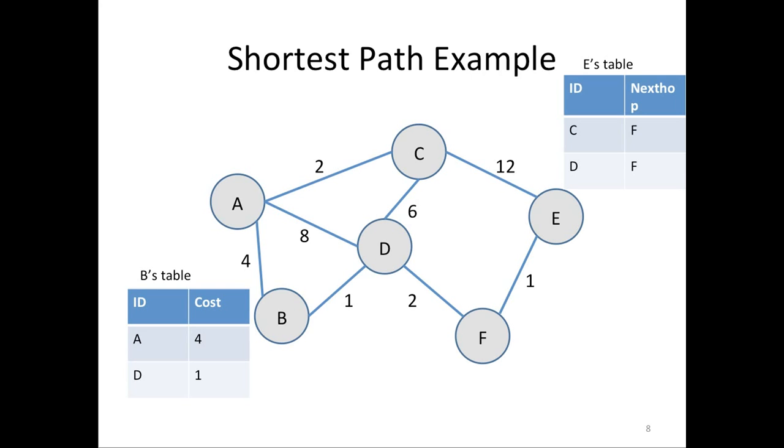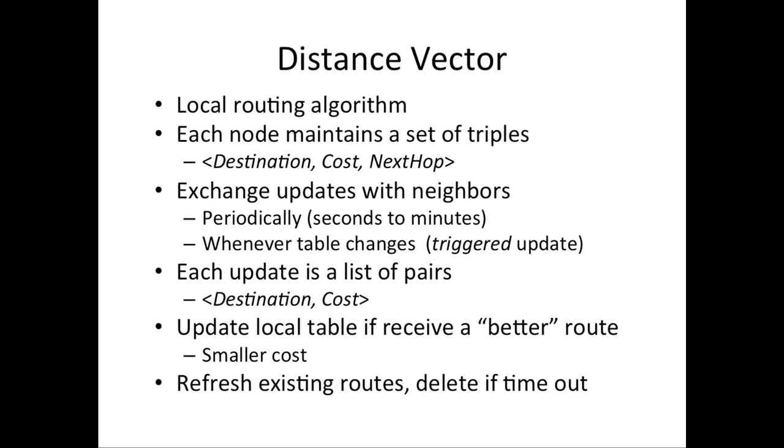And how did we compute this best path? That was the previous slide. Update the local table if we received a route that is better than the one that we already have. What is this process called in the context of shortest path algorithm?